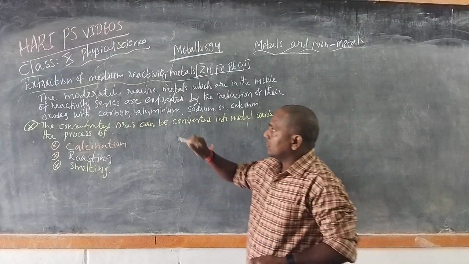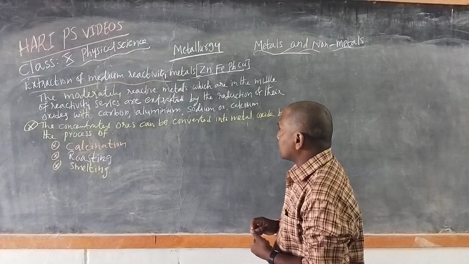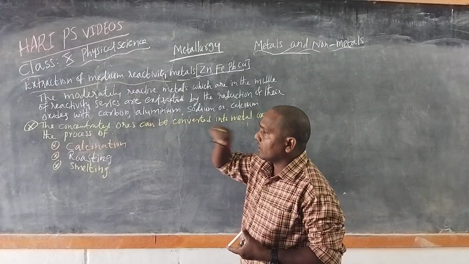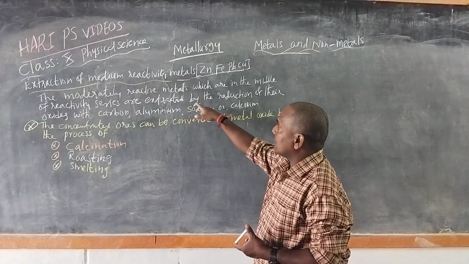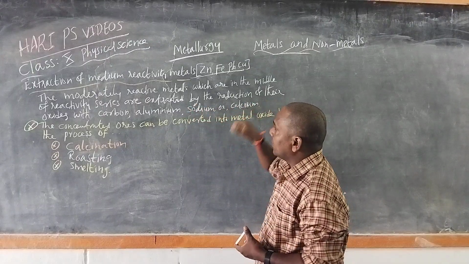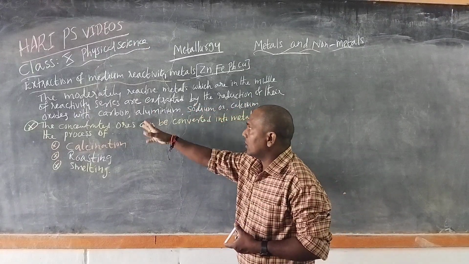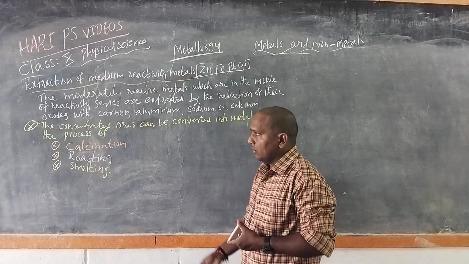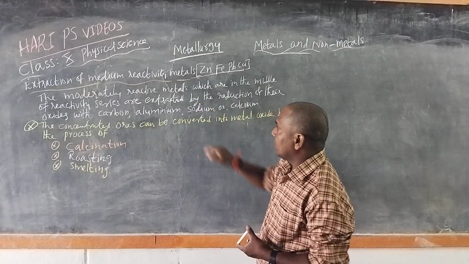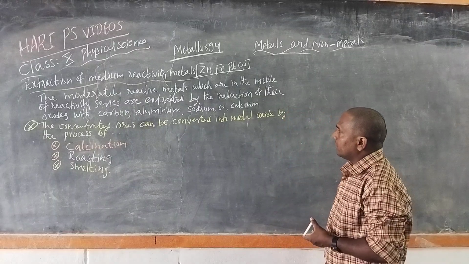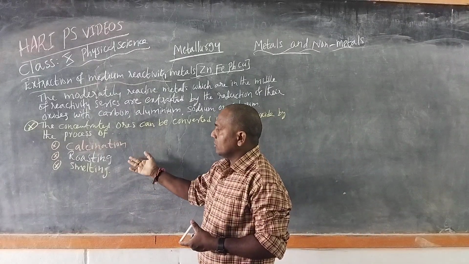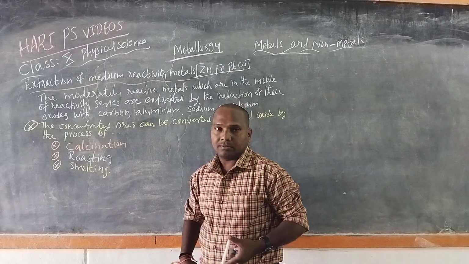The moderately reactive metals in the middle of the reactivity series are extracted by the reduction of their oxides with carbon, aluminium, sodium or calcium, and the concentrated ores can be converted into metal oxide by the process of calcination, roasting and smelting.